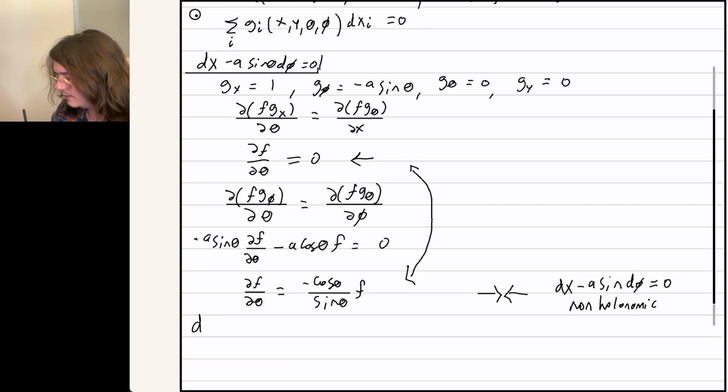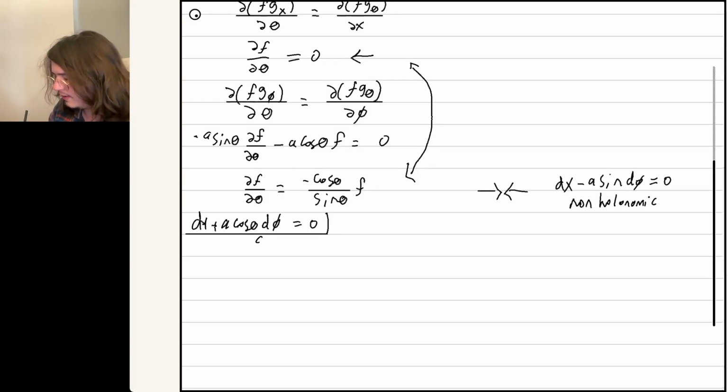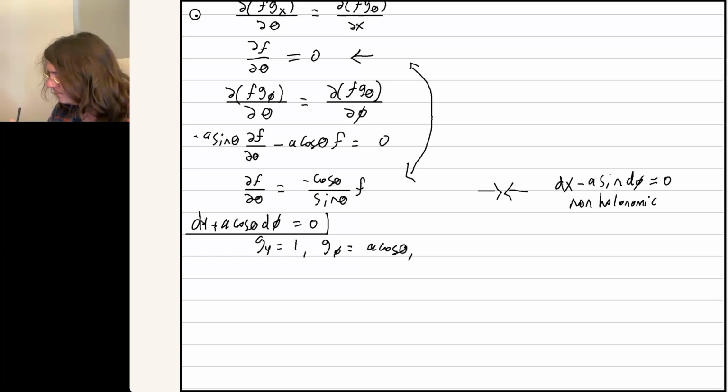Let's do the next one, which was dy plus a sine theta d phi is equal to 0. Okay. And it's going to be pretty much the same for this one. Gy here is 1. G phi is a sine theta. Again, g theta is equal to 0, and so is gx.